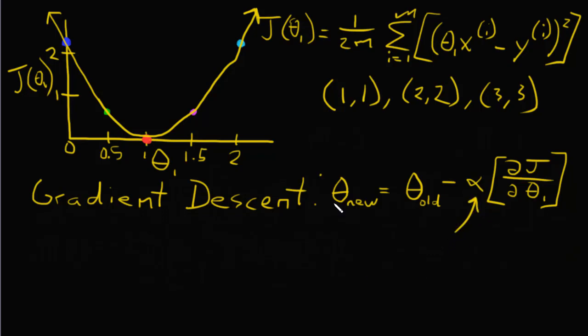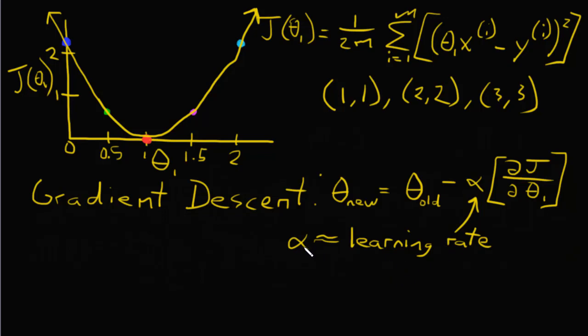So this alpha, the way you can think about it, is the learning rate. And it decides how fast the algorithm attempts to find the minimum solution.